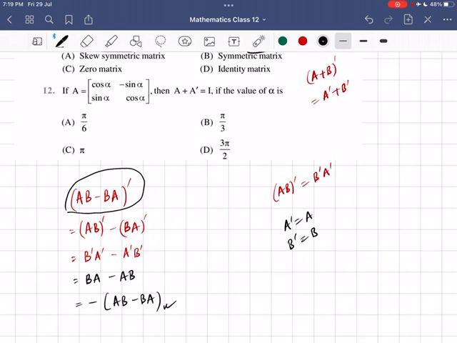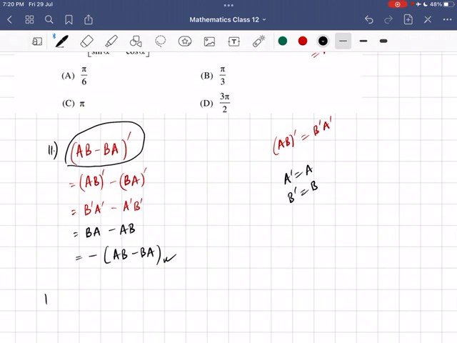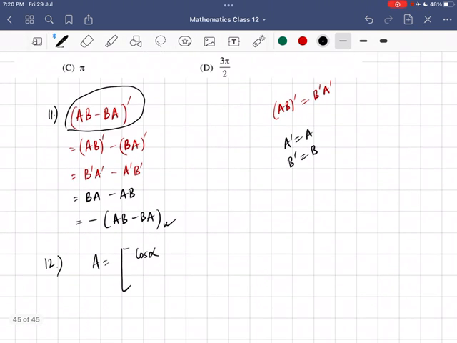Okay. Now we have question number 12. So that's the solution of question number 11. So question number 12, here A is given as cos alpha, minus sin alpha, then sin alpha, and cos alpha.